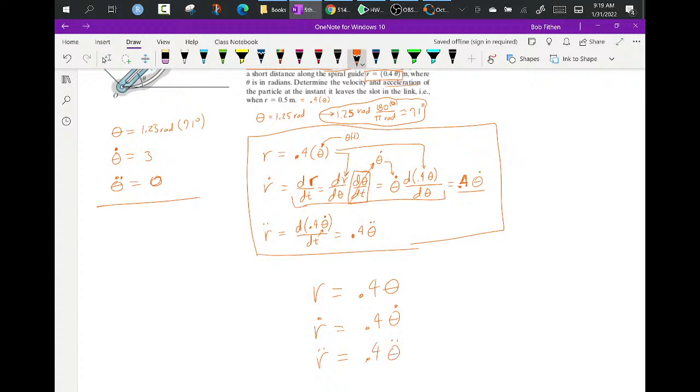Now, what we're doing is we're going to actually find this r at theta equal to 1.25, and that's going to be equal to 0.4 times 1.25.